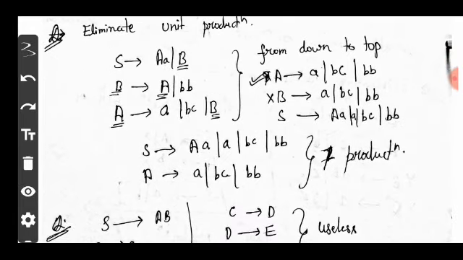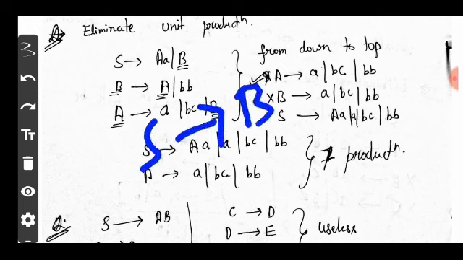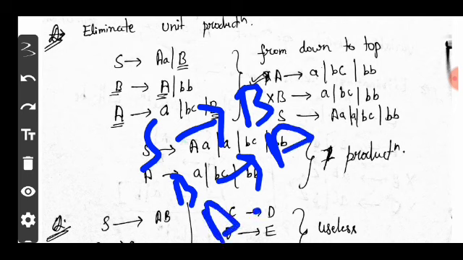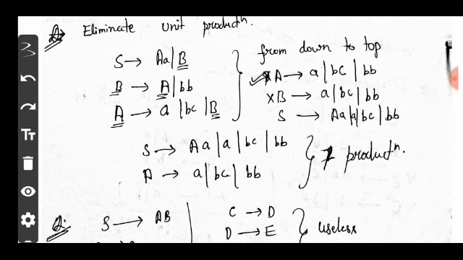Here S produce A or B. B produce A, B. A produce a, or BC or B. Here we got that all the combination like S produce B, B produce A, and A produce B. So after eliminating these unit productions, we got A produce a, BC, BB.